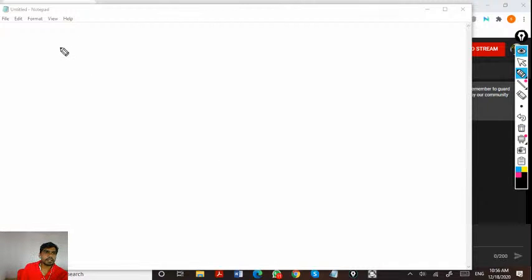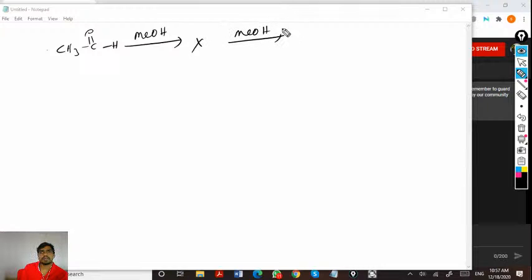So try to write the products. Acetaldehyde treated with methanol gives X, and again treated with methanol gives Y. What could be the structures of X and Y?